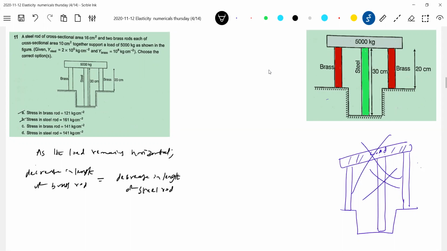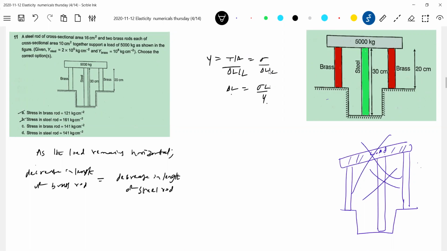So what is the decrease in length of the brass rod? How to write it? Stress in the brass rod. How to bring in the decrease in length? Stress is T by A, and delta L by L is strain, so delta L you can write as stress times length by Young's modulus.